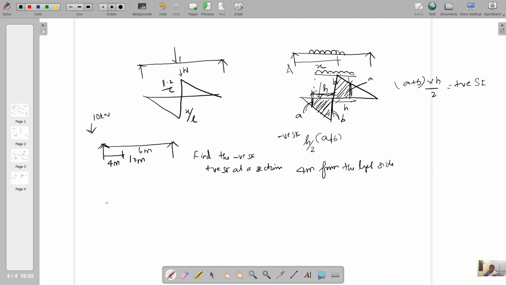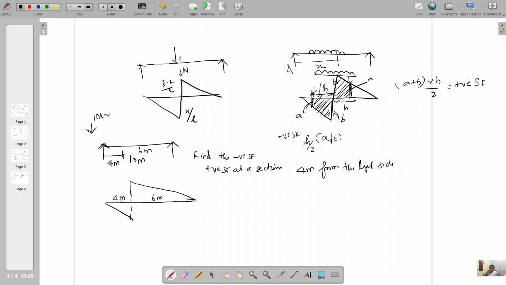First of all, we have to draw the shear force variation at a section. At a section means there is only one diagram for the shear force variation, and it is like this. Here it is 4 meter, the remaining distance 6 meter.